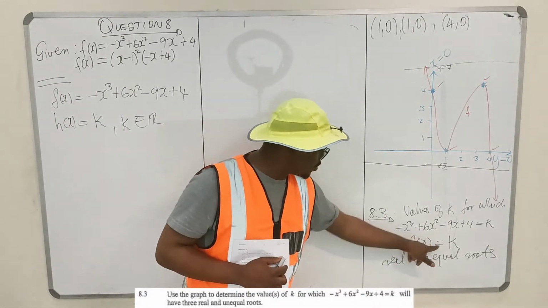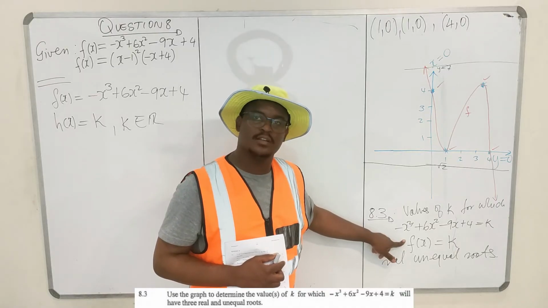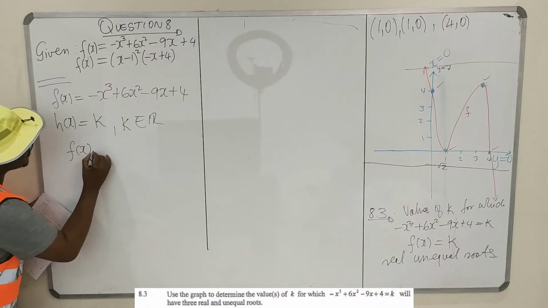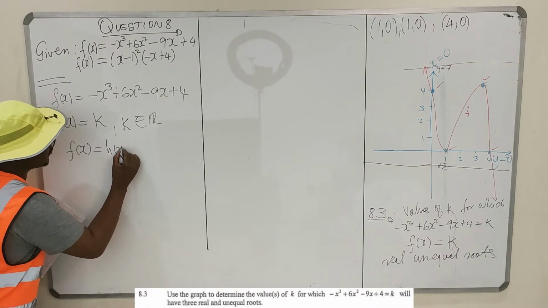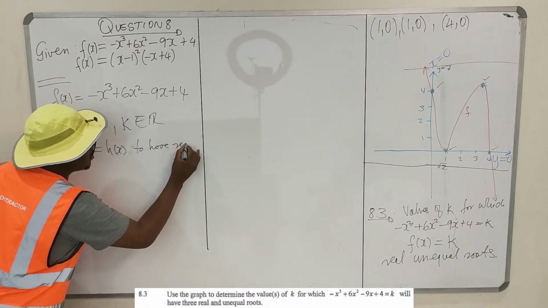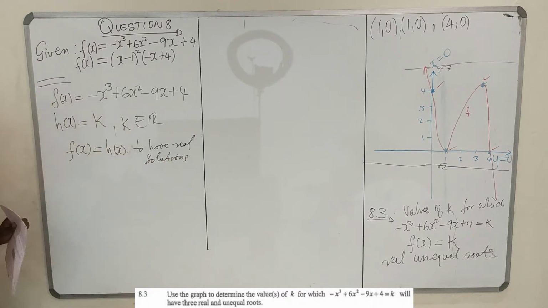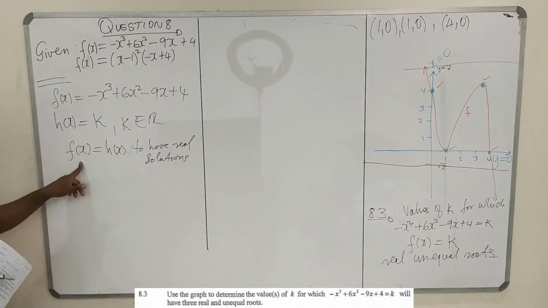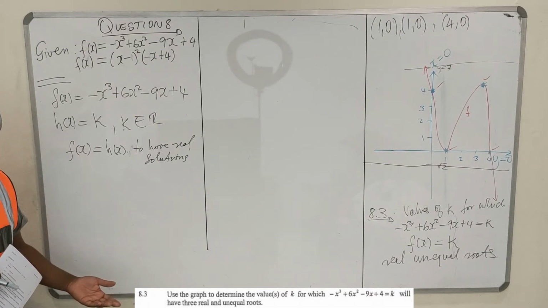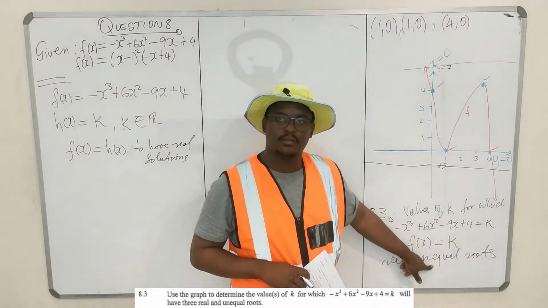Because once you say you want this equation to have real roots, which means you want f of x equal to h of x to have real solutions. What does that mean? It means that these two functions f of x and h of x are intersecting, right?